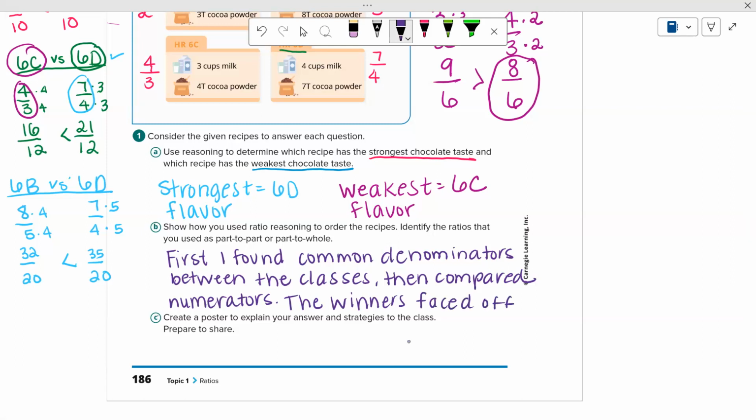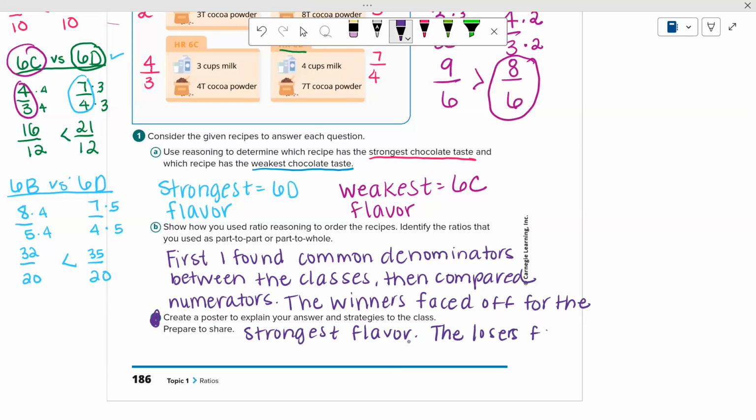We are not doing part C. We're not doing part C, so I'm just going to keep writing. The winners faced off for the strongest flavor. The losers, or the smaller fraction, okay?